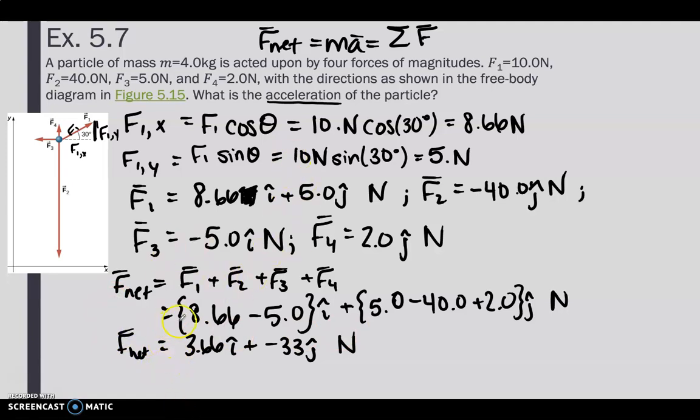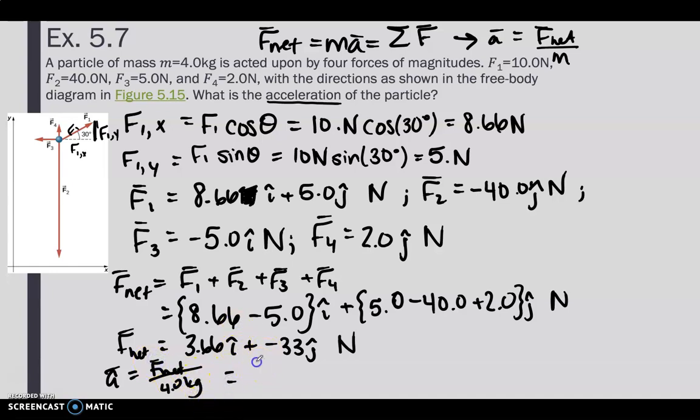Now we want to find our acceleration. From this equation, we can say acceleration is F net over mass. So acceleration is our F net divided by our mass, which is 4 kilograms.